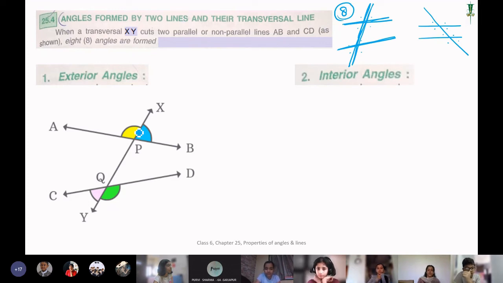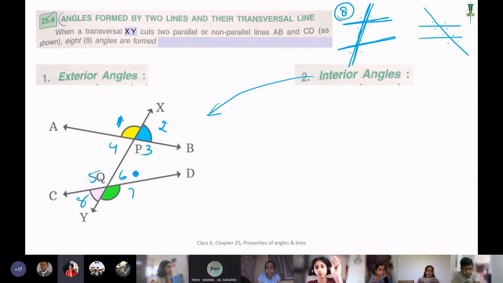Now, based on your understanding, what do you think will be the interior angles in this case? I'll just name them 3, 4, 5, 6, 7, 8, to help with it. So with reference to interior angles, which are the interior angles here? 3, 4, 5, 6. Very good. 3, 4, 5, 6 are the interior angles.